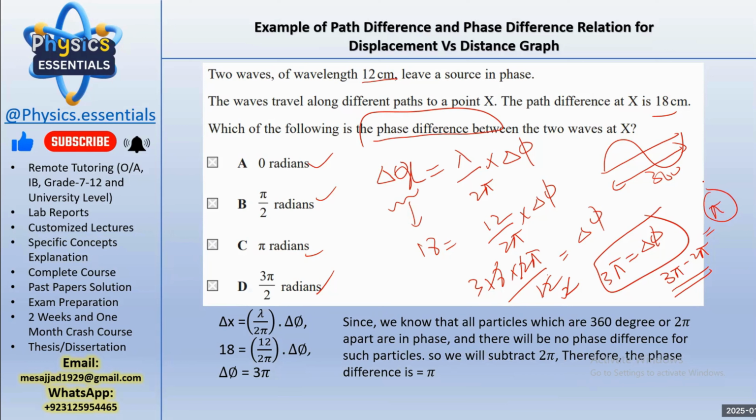So the first thing to remember, whenever you have such kind of answers, all you need to do is subtract 2 pi if the answer is not given. If there would be an answer of 3 pi, you would not make any change. But if they have pi, it means they are trying to ask you that you should know the concept that every 2 pi means the points which are 2 pi distance away have the same phase. So you need to subtract 2 pi from here and you will get the answer as pi.